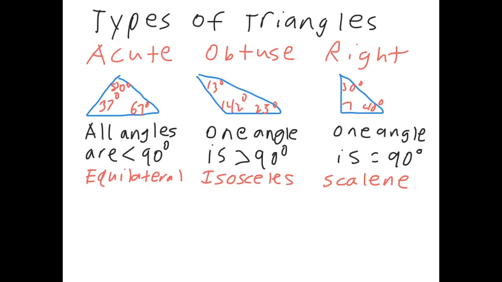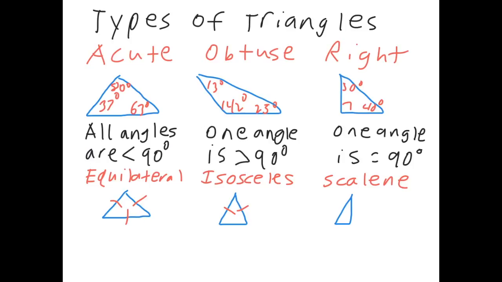So the next 3 types of triangles we're going to talk about are equilateral triangles, isosceles triangles, and scalene triangles. So an equilateral triangle is a triangle that has all equal sides. So notice that I put marks here, here, and here. That's to mark that each of these sides are equal to each other.